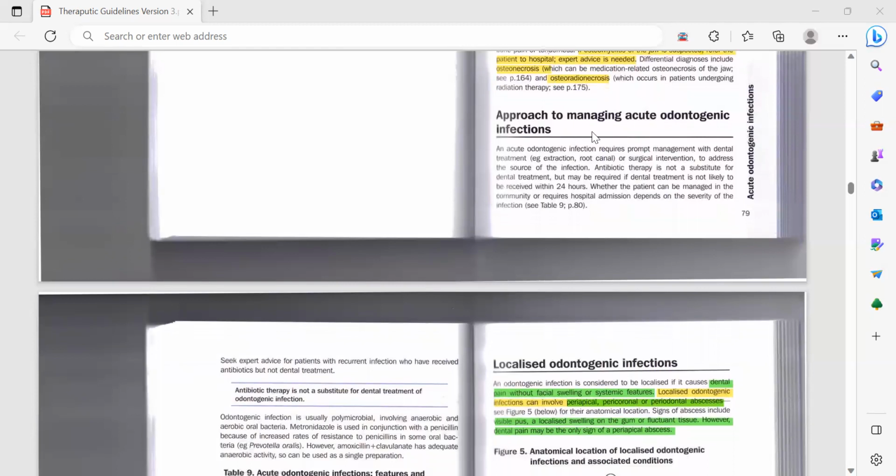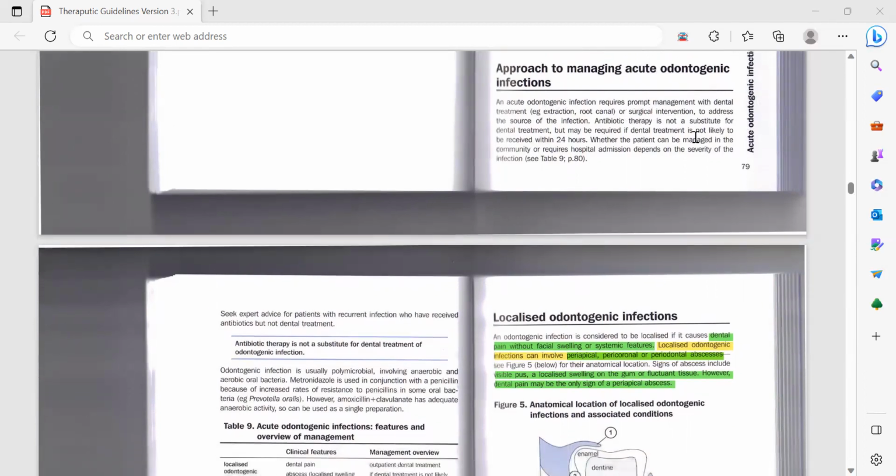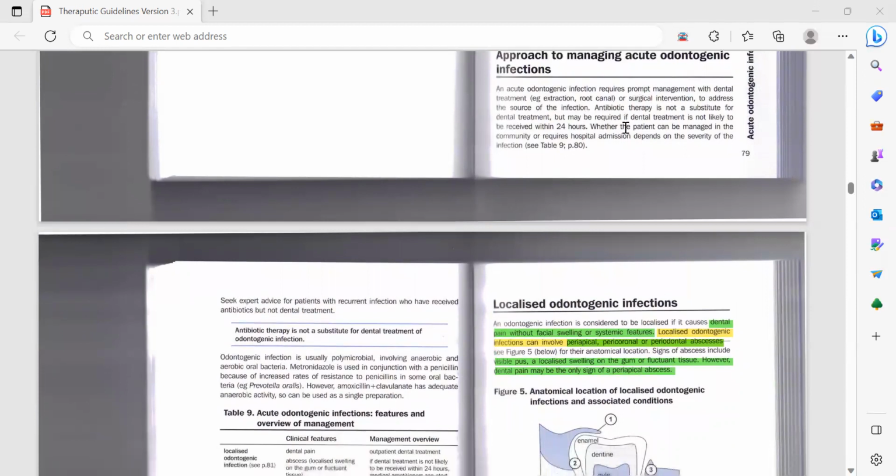Then, the approach to managing acute odontogenic infection. An acute odontogenic infection requires prompt management with dental treatment, which means the most important thing to treat any infection is active dental treatment, either taking the tooth out, or taking the infected or diseased nerve out, or surgical intervention to address the source of infection.